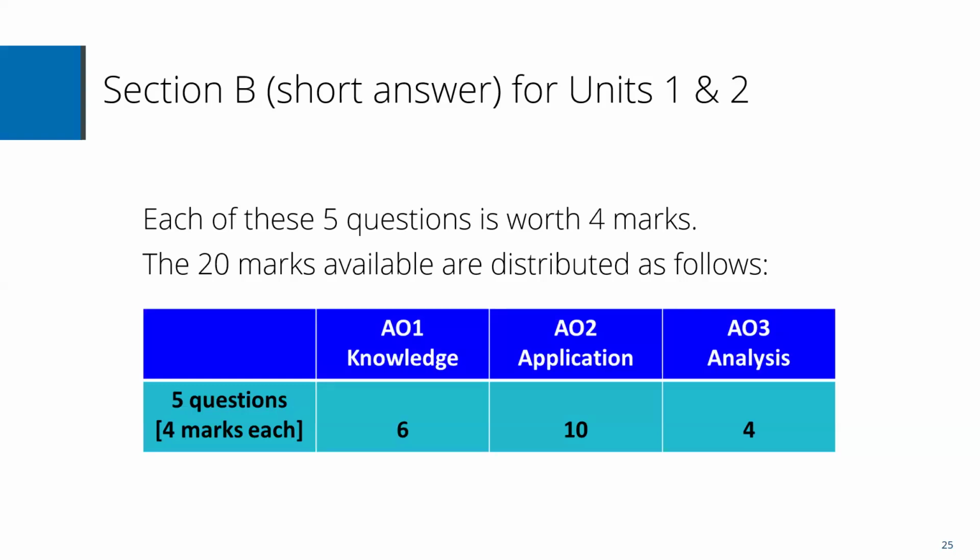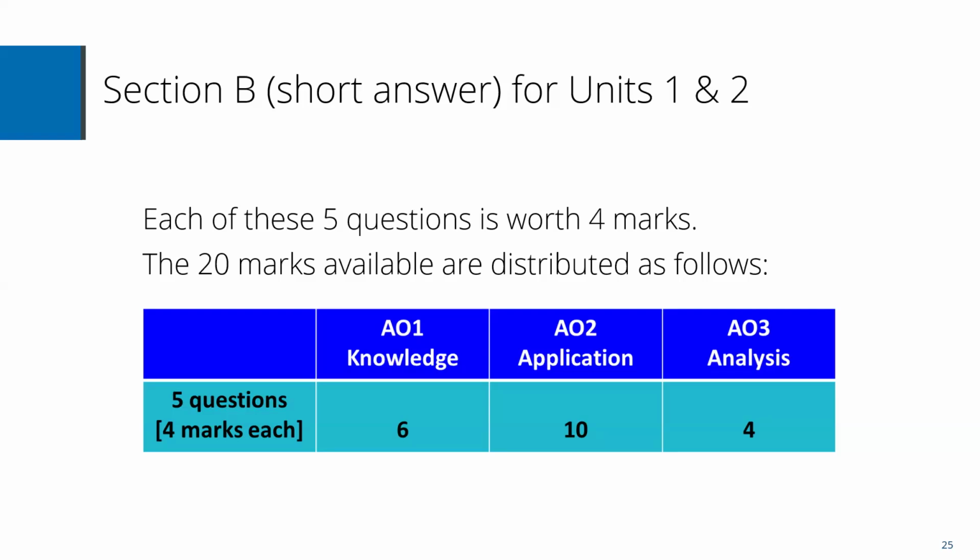Now, those are the only questions in this section B that have AO3 marks for them. Only the explain a reason or explain an impact question. So those 4 marks for AO3 analysis will come from 2 times the explain an impact question.